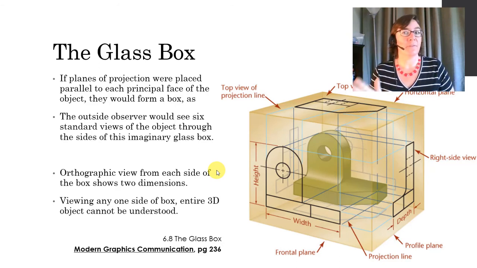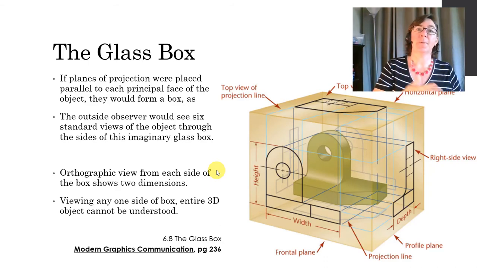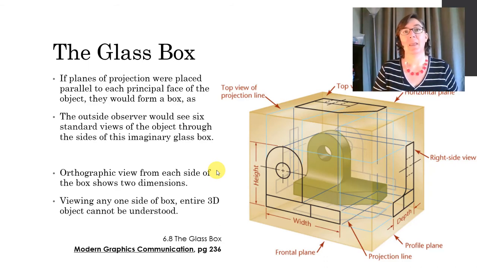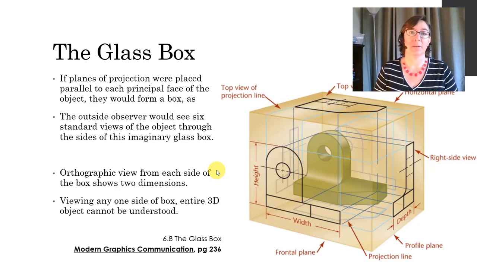Every orthographic view from each side of the box shows 2 dimensions of our three-dimensional object. If you view any one side of the box or any one of these drawings, you can't fully understand the three-dimensional object. You need at least 3 views to fully describe it.